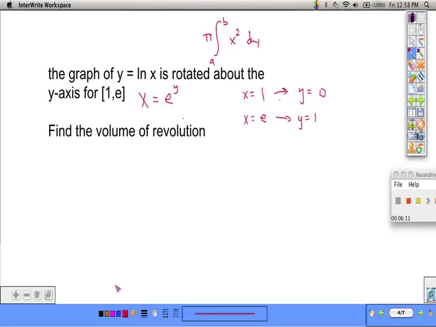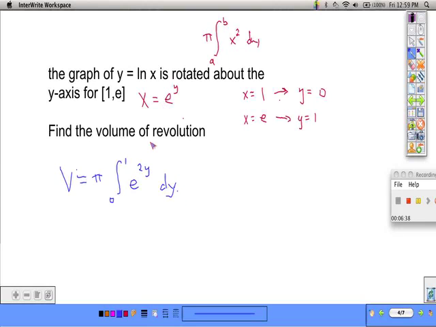And we can now calculate this volume. The function squared, so e to the 2y dy. We're going around the y-axis as opposed to the x-axis.